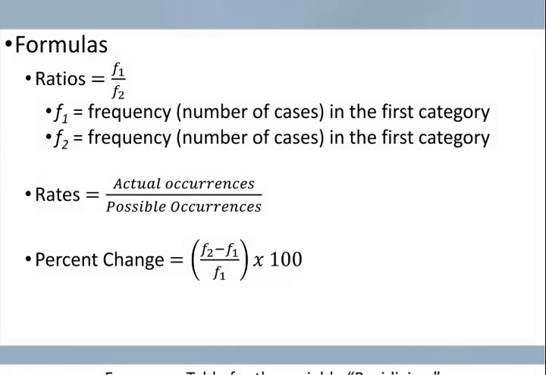And then for percent change, we have the frequency of the number of people in the second category minus the number of people in the first category, divided by the number of people in the first category, times 100. So I'll give you a second to write this down. And I just noticed there's a real small typo here, just to note. F2 should be the frequency or number of cases in the second category, not the first category.